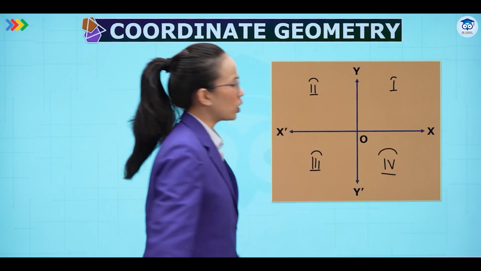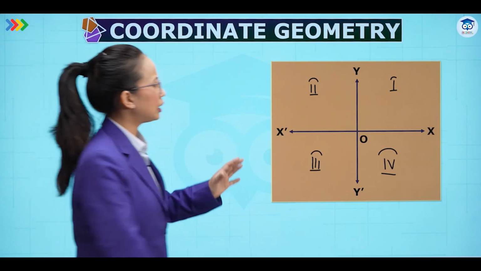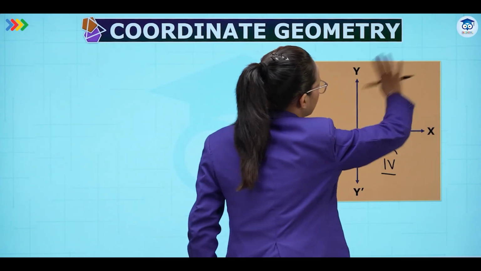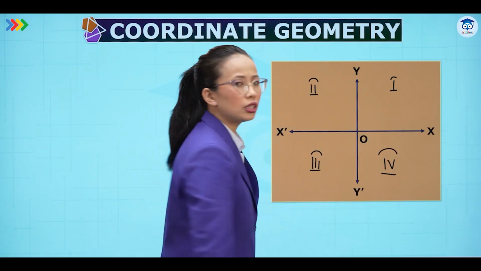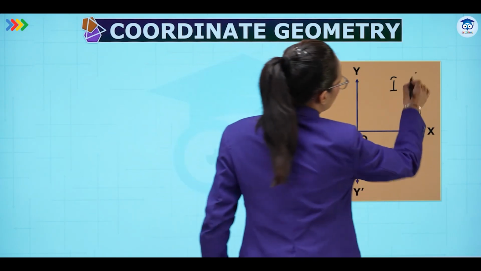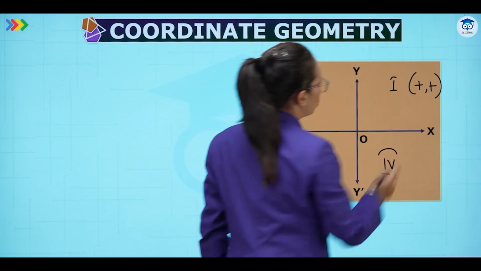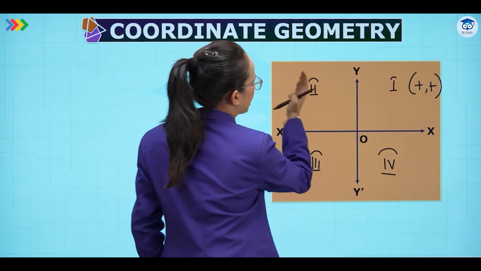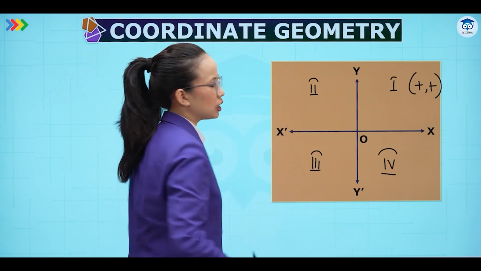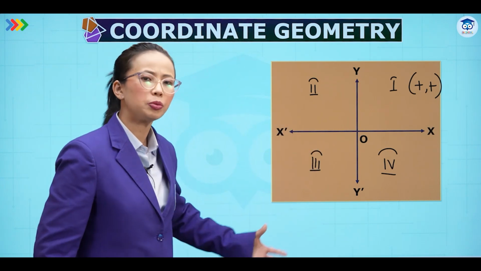All the points in the first quadrant, a region enclosed by these two axes, will be plus and plus, all positive. But when we come on this side, the x-axis side is negative.